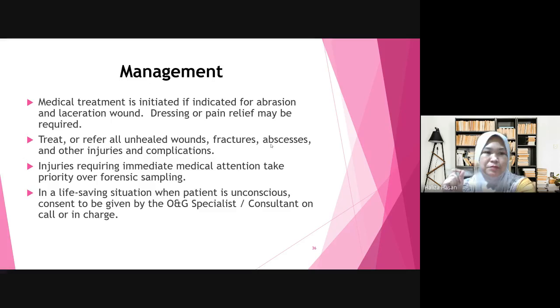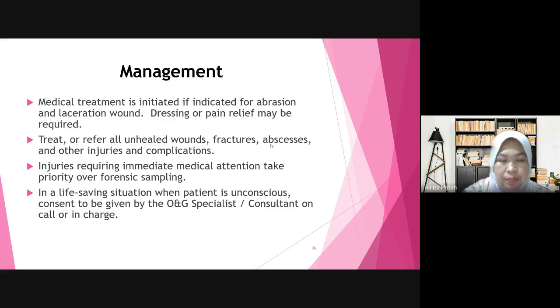Okay, management. So it depends on the situation. So if the medical treatment is initiated related to treating the injury, for example to do dressing or to give painkiller, fracture, then we go to do POP, so the medical management is related to the situation, to the patient's condition.